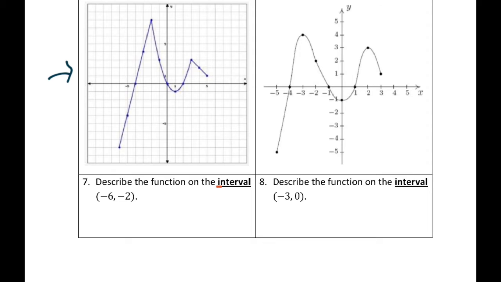So on the interval -6 to -2, that means from where x is -6 to where x is -2. So on this interval, so this portion of my graph, describe the function. So from these 2 points, my function here is increasing because it's going up from left to right.